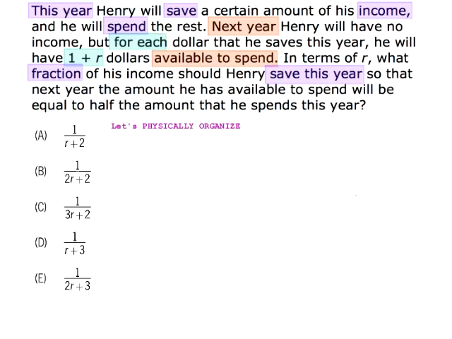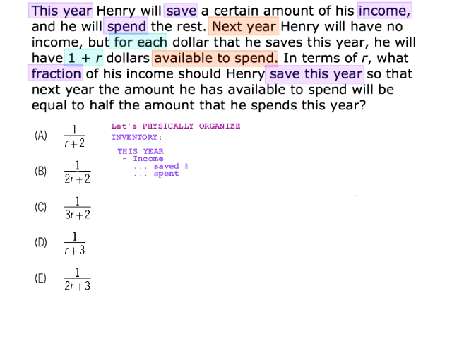Remember, you can't actually highlight things on the problems because they're on a screen. So on your paper, I would first take an inventory of everything that we have to organize here. For this year, we have a total income that breaks up into saved and spent, and then we have the fraction for saved.